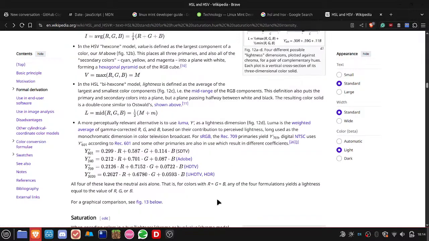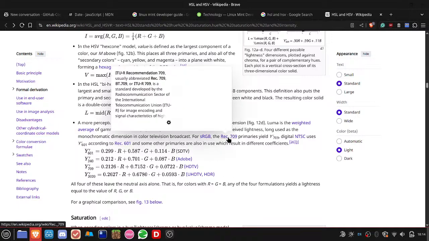A relevant alternative is to use Luma as a lightness dimension. Luma is the weighted average of the gamma corrected RGB based on their contribution to perceived lightness, long used as a monochromatic dimension in color television broadcast. We will actually keep a lot of things like this. Okay, sRGB, the R is REC 709.